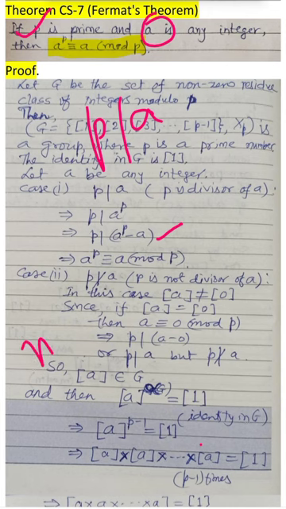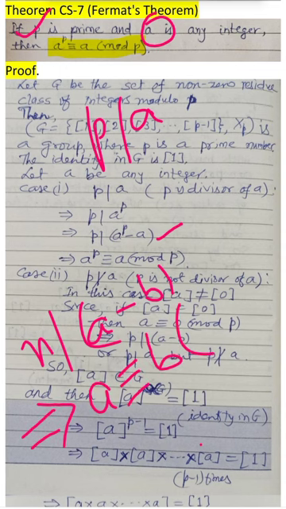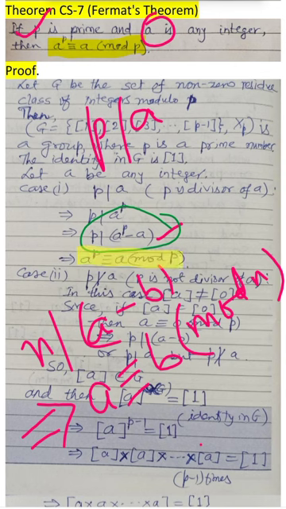But you know, if N is the divisor of A minus B, then this means A is congruent to B mod N. So by this result, P is the divisor of A raised to the power P minus A can be written as A raised to the power P is congruent to A modulo P. So this is our result when P is the divisor of A.